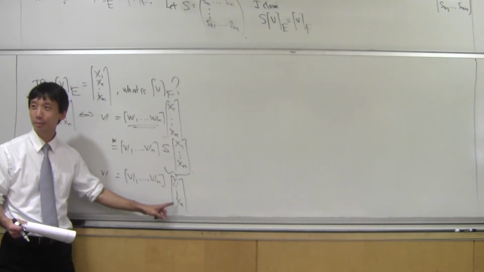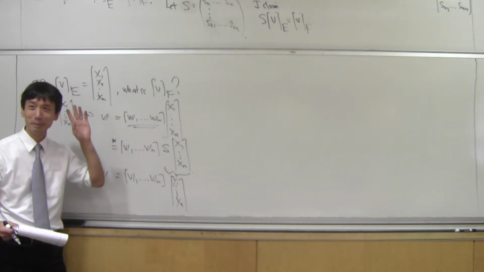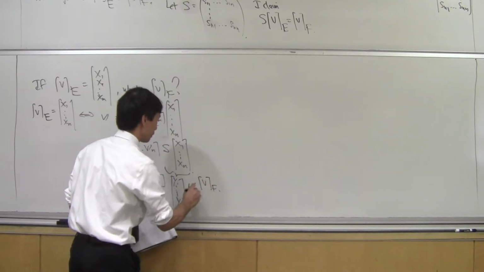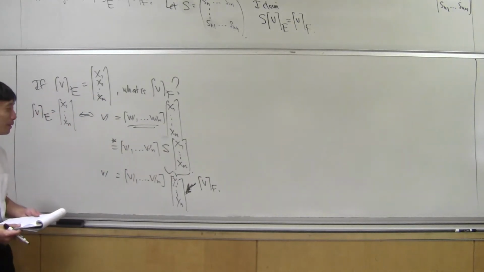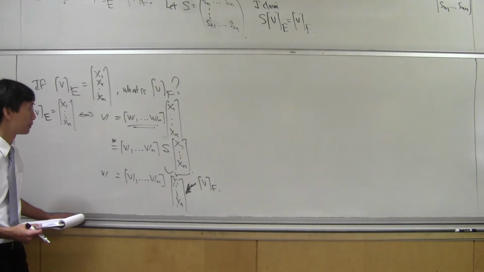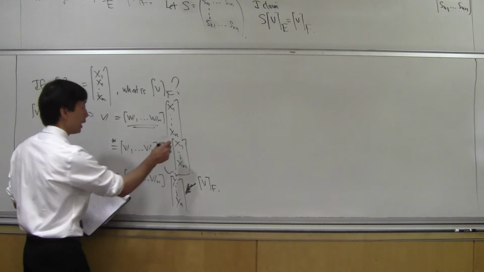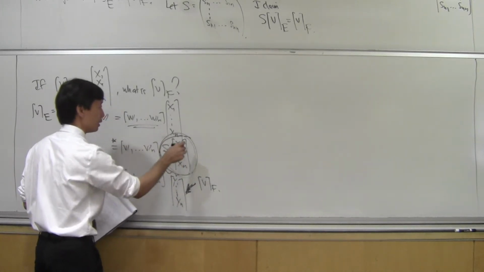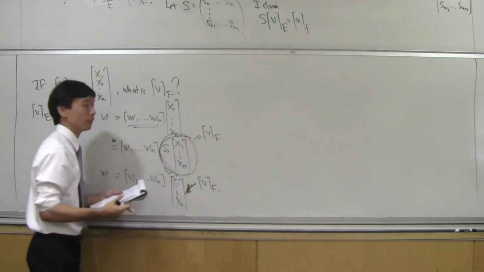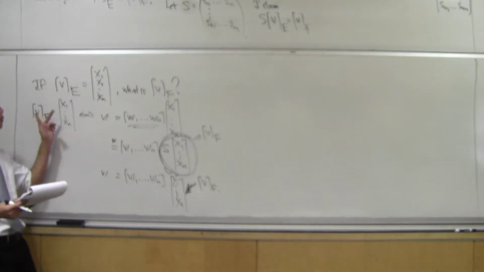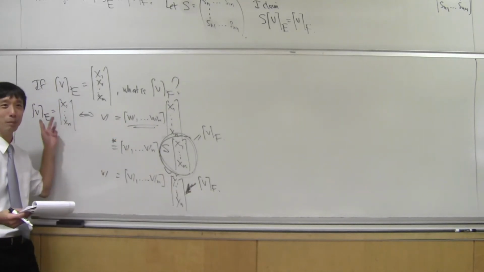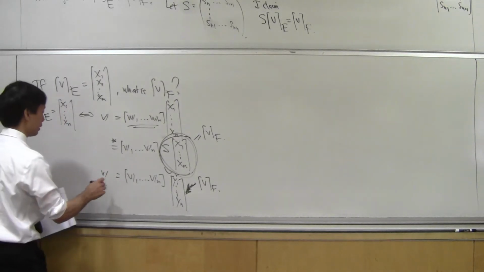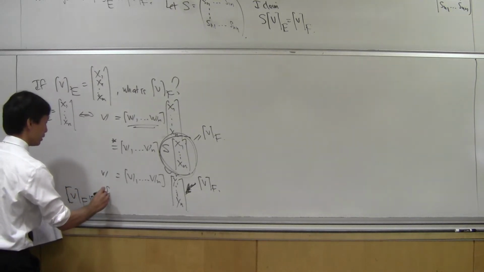So these coefficients are the F coordinates, the coordinates of V with respect to F. In other words, S times the coordinate vector with respect to E is the coordinate vector with respect to F. So S is the thing that gets us from VE to VF. VF is S times VE.